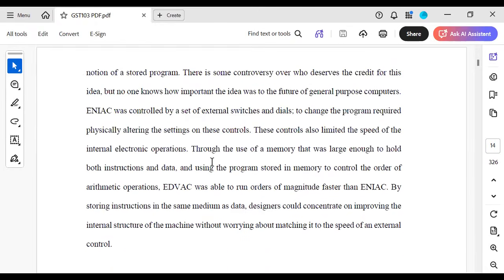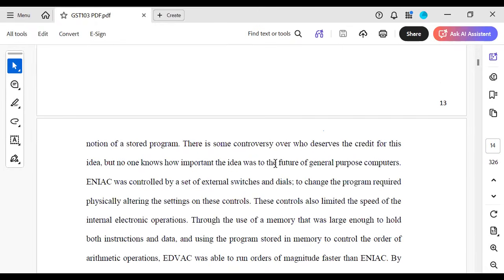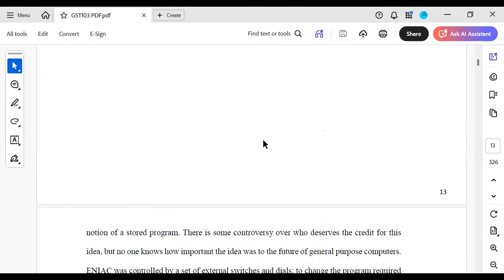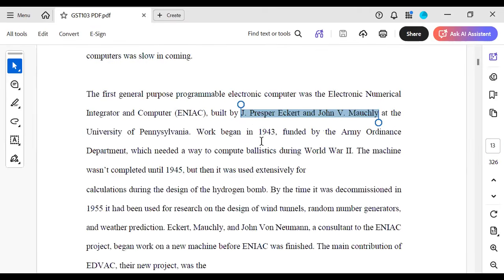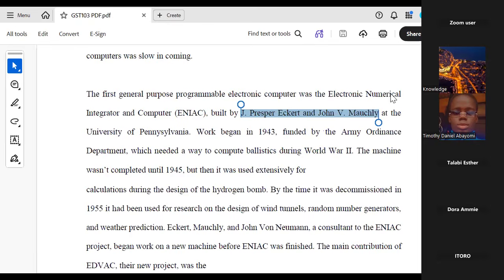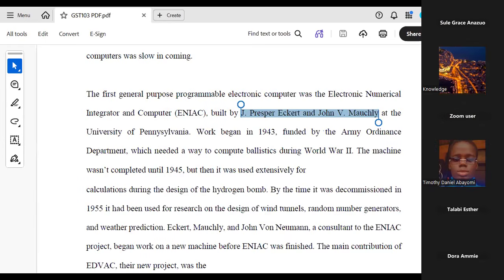So I want at least 4 people to summarize the class. 1 minute. Who is the first person? What we've done tonight. I need at least 4. We have just 4 minutes left, so I want 4 people to summarize what we've done. Timothy, Daniel, you are the first person. We have just 1 minute or 30 seconds.